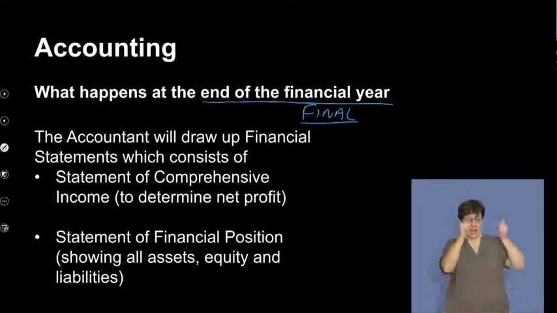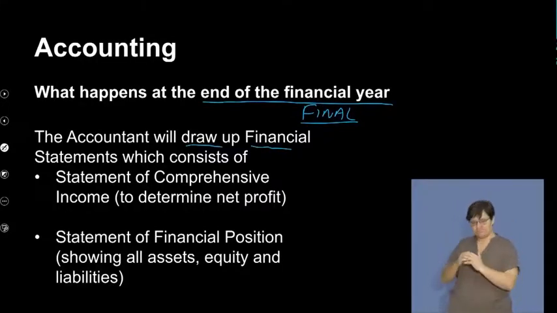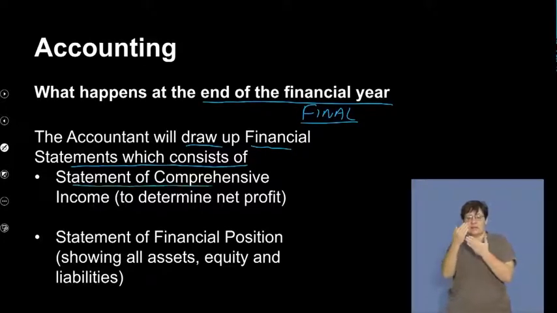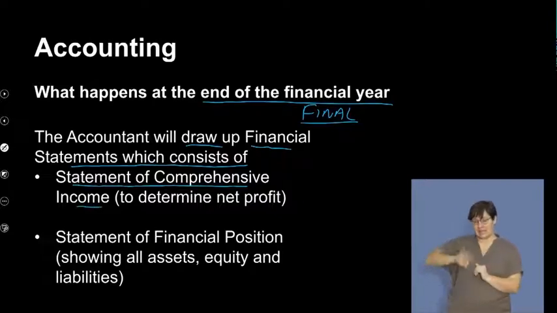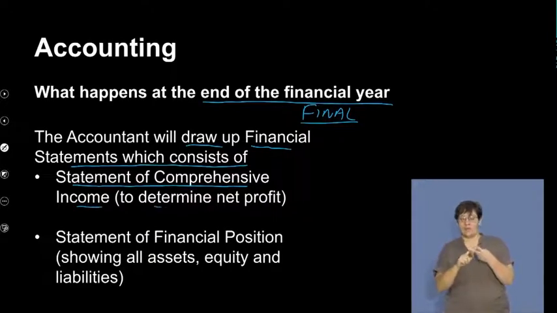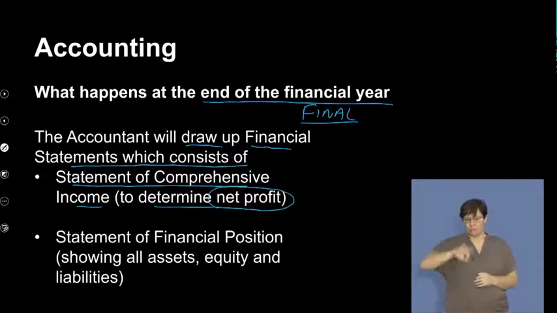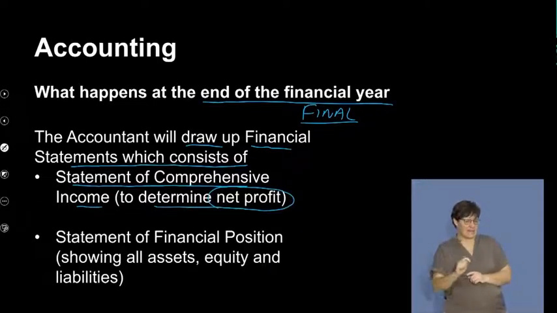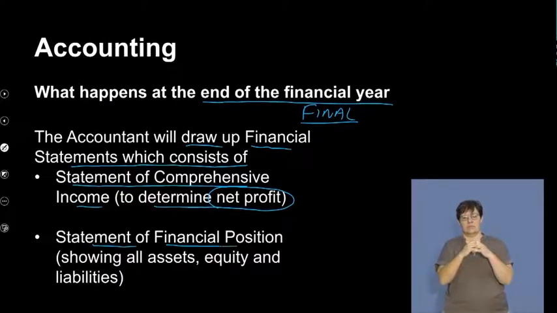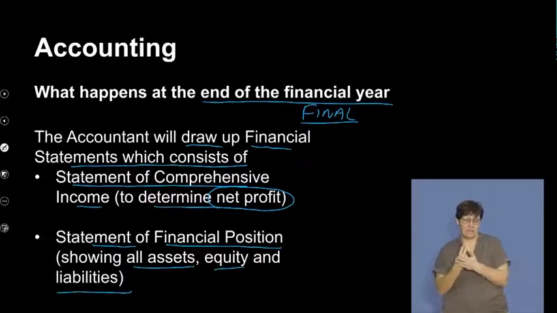The accountant will draw up financial statements which consist of your statement of comprehensive income, which is the income statement, to determine net profit, and then also the statement of financial position showing all your assets, equity, as well as liabilities. So again, this happens at the end of the financial year.